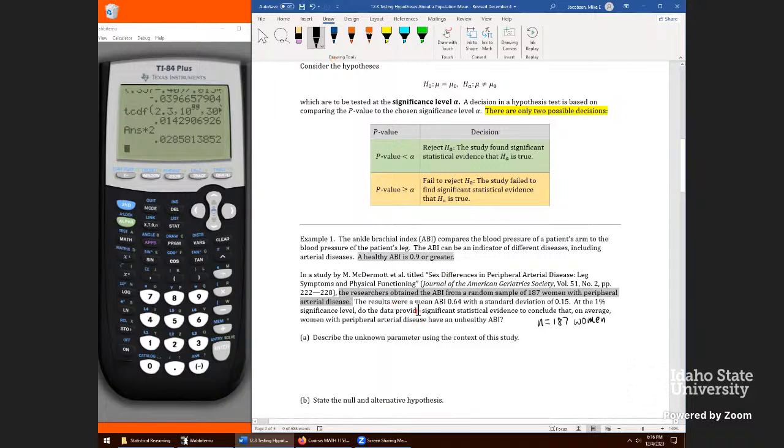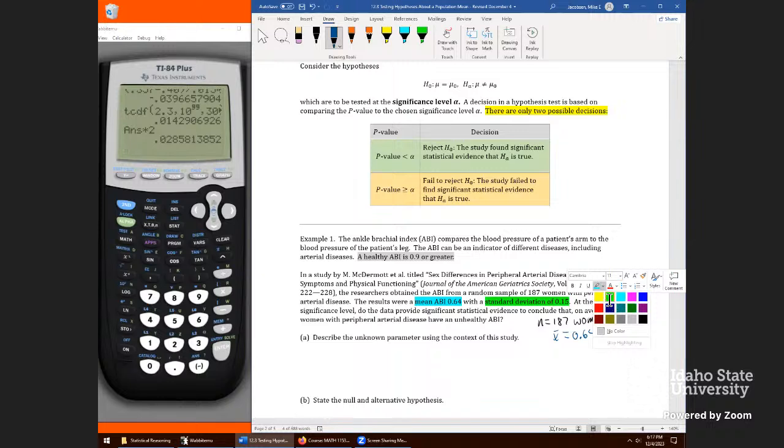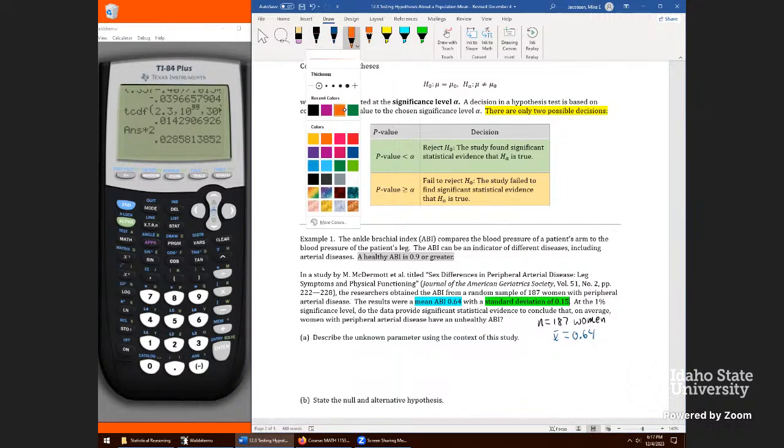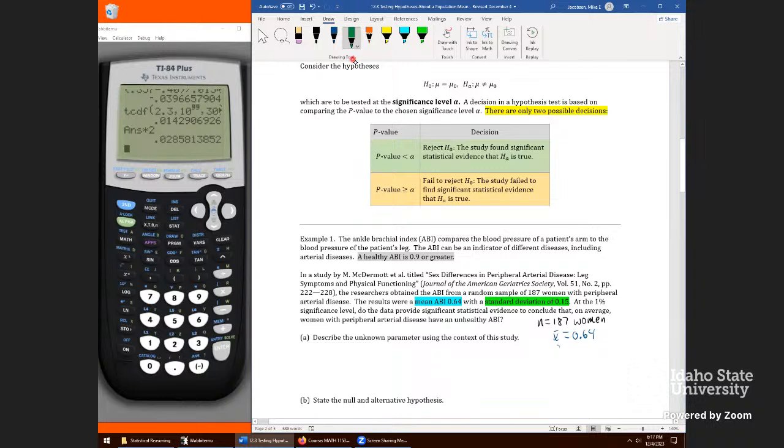Next, they tell us the results were a mean ABI of 0.64. Now they're giving us some summary statistics. In our own notation, we'll write X bar is 0.64. So that's the mean ankle brachial index. And we have a standard deviation of 0.15. So let's write in, not sigma, S. These are statistics, not population characteristics. S is 0.15.